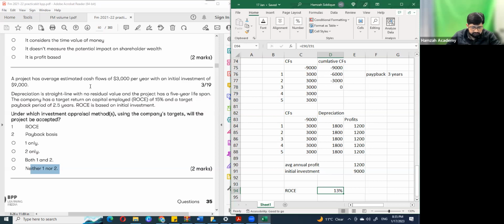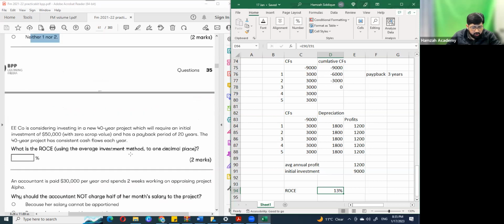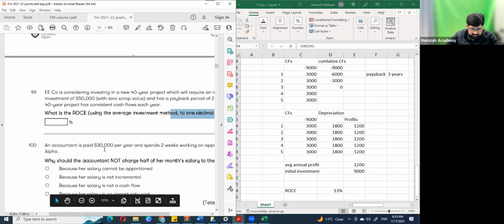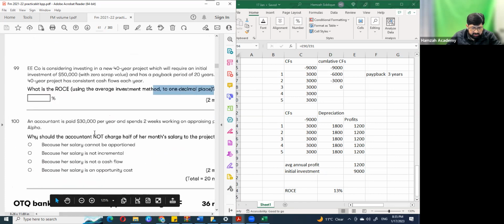Next. Students, one decimal place. This question, 99, you will try yourself at home.